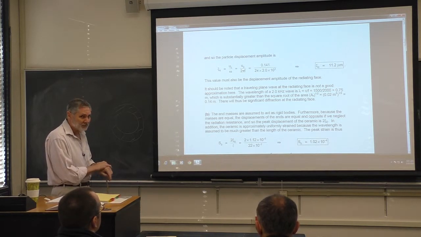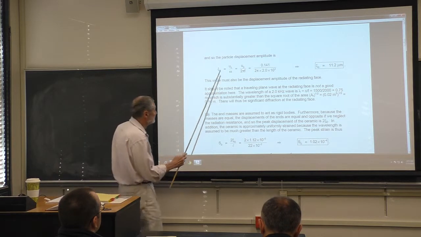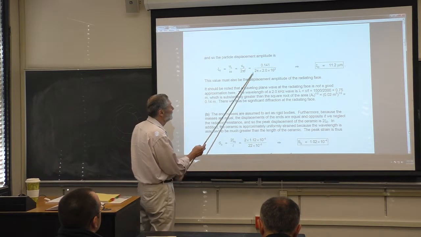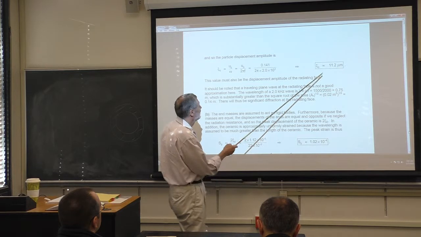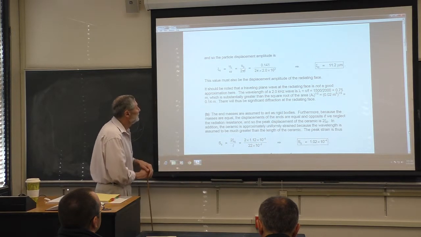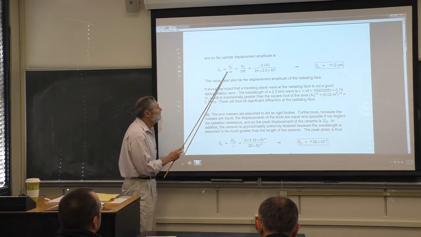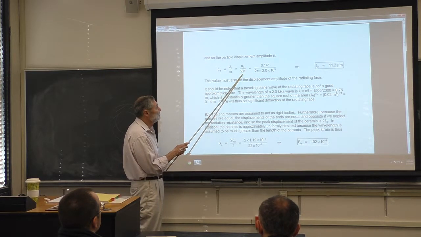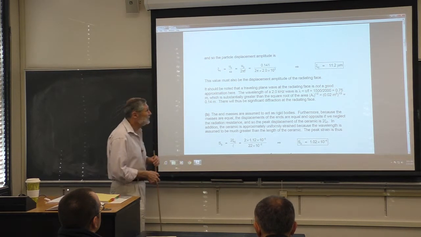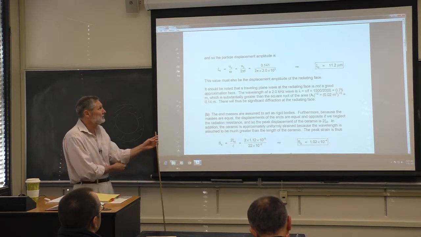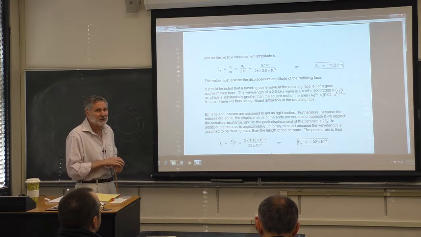That's our boundary condition, right? So we can calculate that, and we get about 11.2 microns, okay? Remember, make sure this is omega, so we have to multiply 2 pi times f. And we're told that this is operating at resonance, and it's 2 kilohertz.